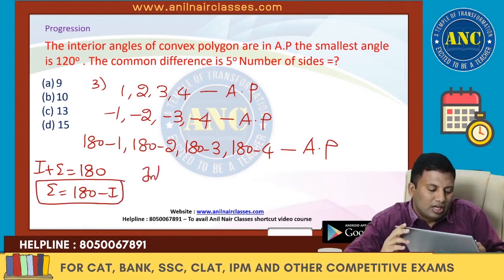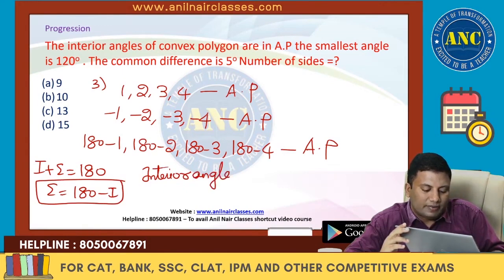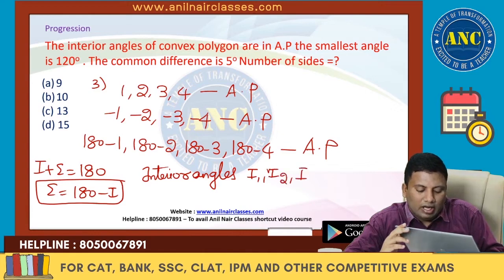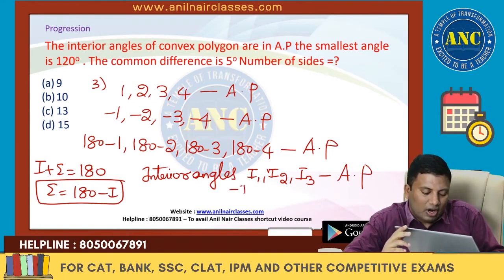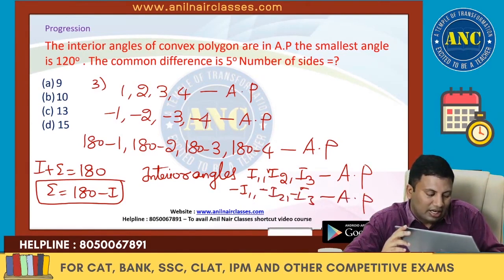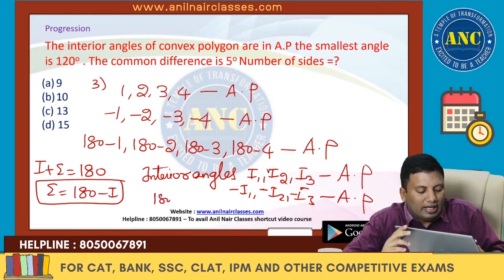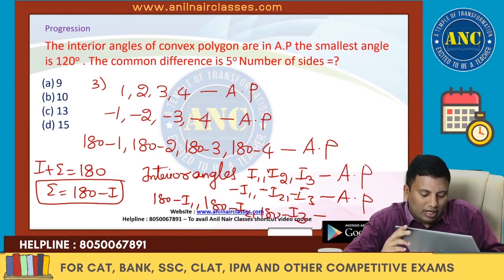That means if the interior angles I1, I2, I3 are in AP, minus I1, minus I2, minus I3 are also in AP, and 180 minus I1, 180 minus I2, 180 minus I3 are also in AP.